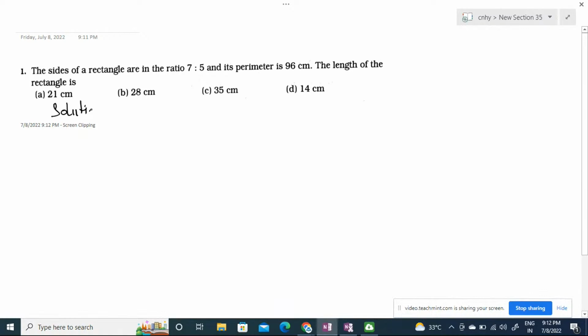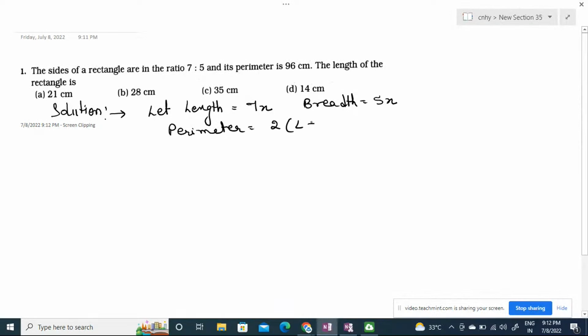Sides of rectangle are in ratio 7:5 and perimeter is 96 centimeter. Length of rectangle? So let the length be 7x and breadth be 5x. So 2 into 7x plus 5x is 96, which becomes 2 into 12x is 96.